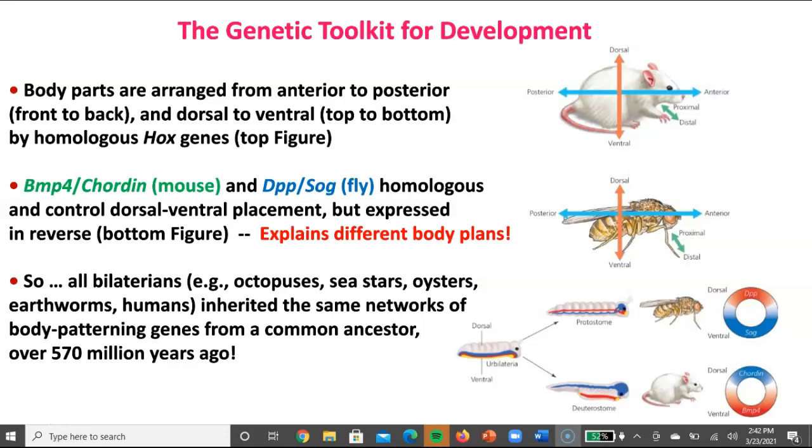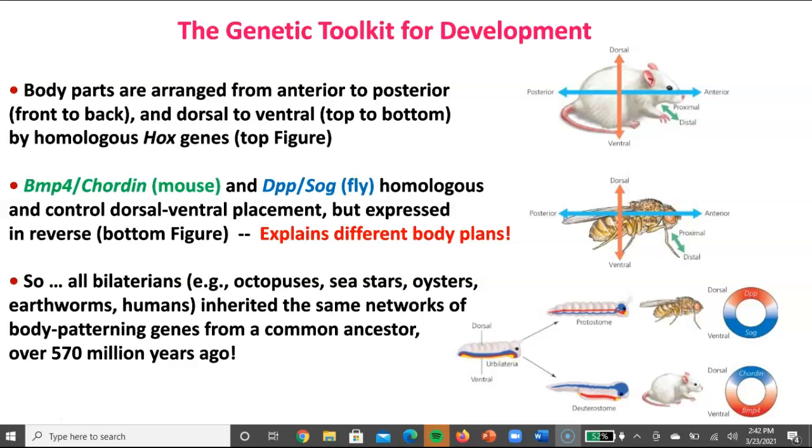But in a mouse compared to a fruit fly, in a vertebrate compared to an insect, they're expressed in reverse. And because they're expressed in reverse, this explains our different body plans.